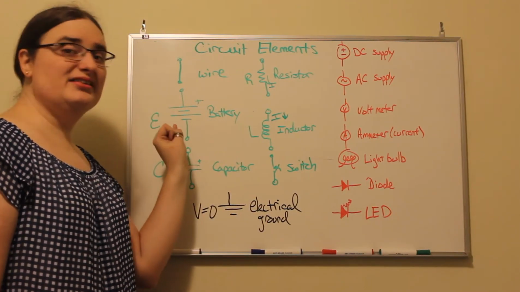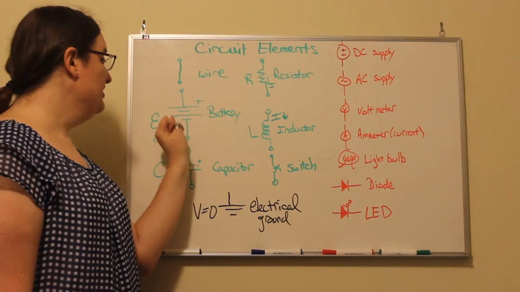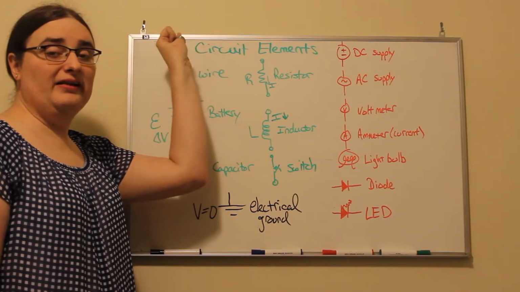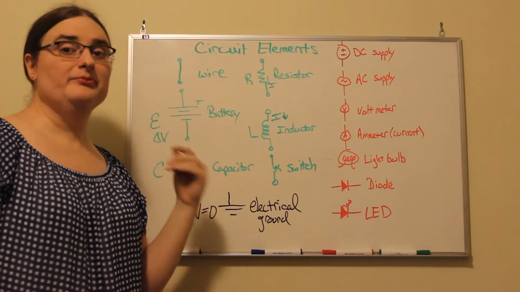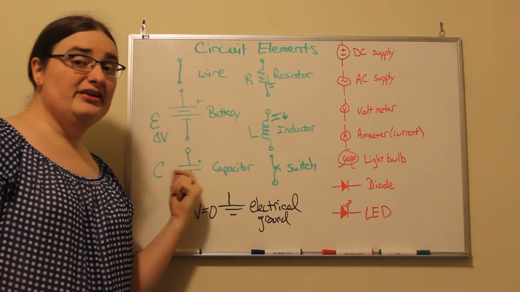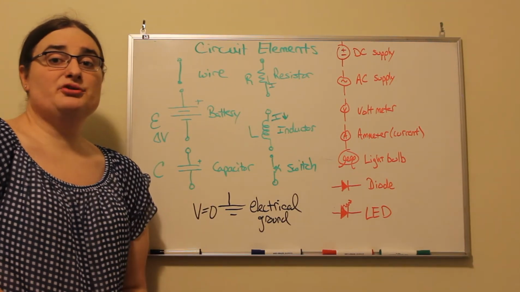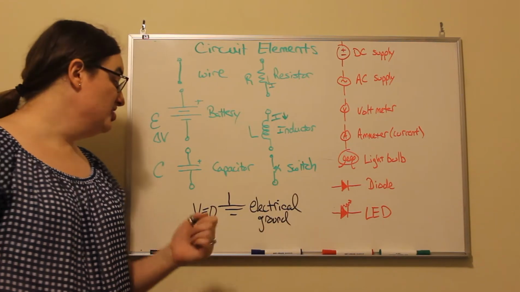The reason I say that is the bar on the top is positive, so you can imagine increasing the potential difference with your battery by climbing up the ladder or decreasing it by climbing down the ladder. A capacitor is represented by two parallel lines because the basic geometry for a capacitor is a parallel plate geometry.